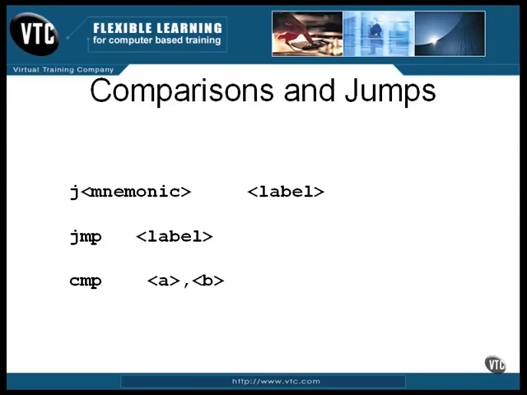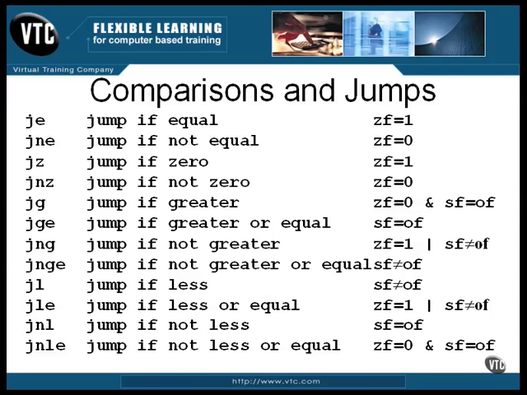There are lots of jump instructions that are controlled by the flags. These are the basic numeric comparison branch instructions. On the left is the assembly language mnemonic. In the center is what the mnemonic stands for, and on the right is the flag that makes them branch. For example, the first one is JE, jump if equal, and it will branch if the 0 flag is set to 1, which indicates that the compare subtraction resulted in 0.